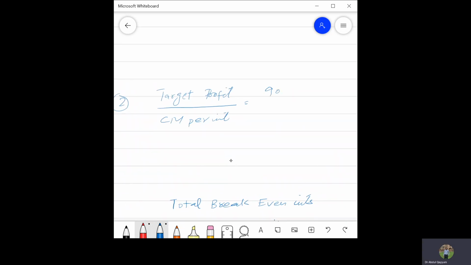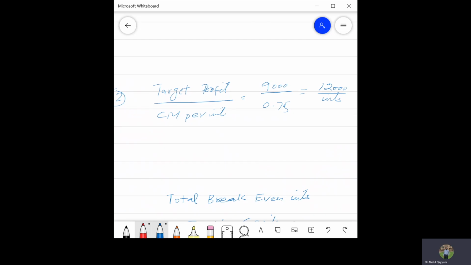So 9,000 profit you want, and the unit contribution margin is 0.75. So you need 12,000 units above break even, right?